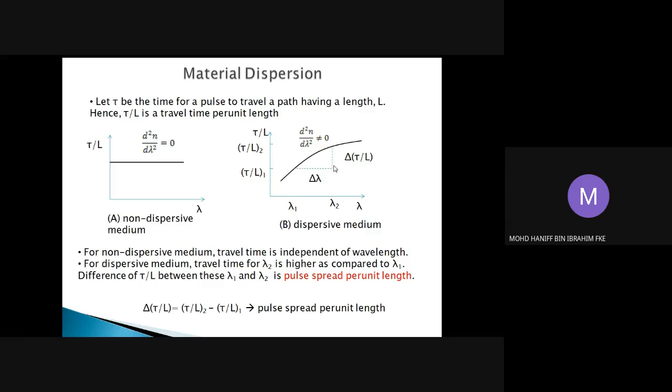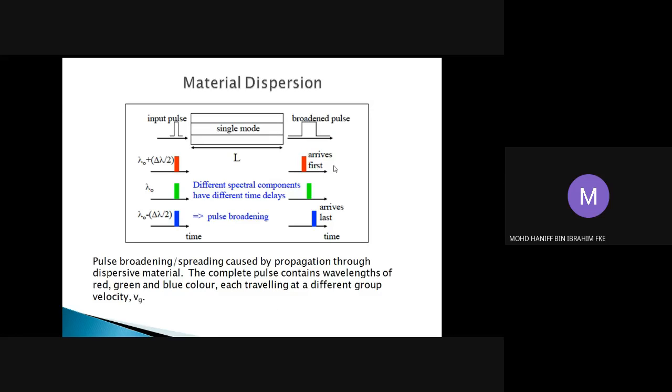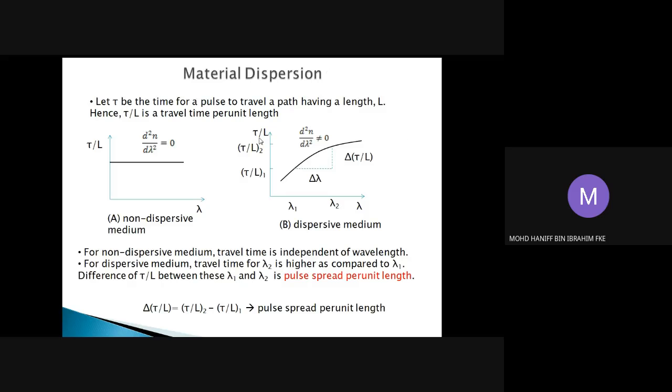So this is the mathematical explanation of this diagram. For a non-dispersive medium, which does not exist at all, the travel time is independent of wavelength.